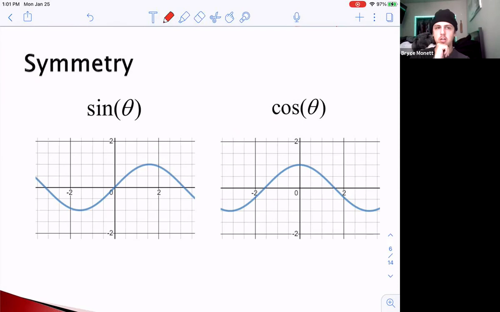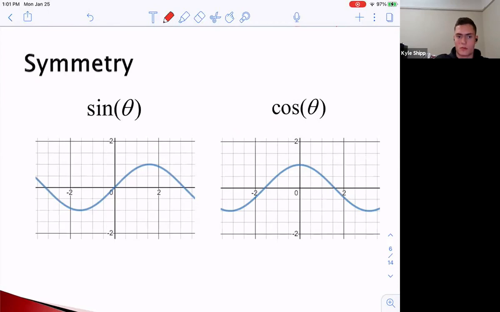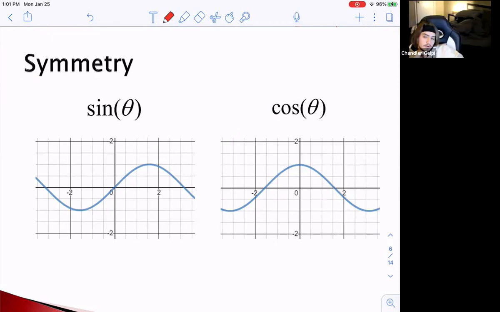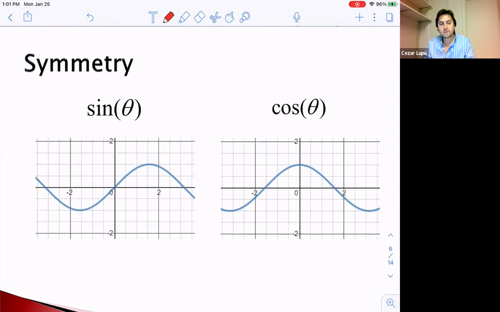Wouldn't sine be odd and cosine even? Exactly. So sine will be odd. Look at the graph. What can you tell me about the graph of sine? If you put it over the y-axis. Symmetric with the origin. Is symmetric with respect to the origin, right?